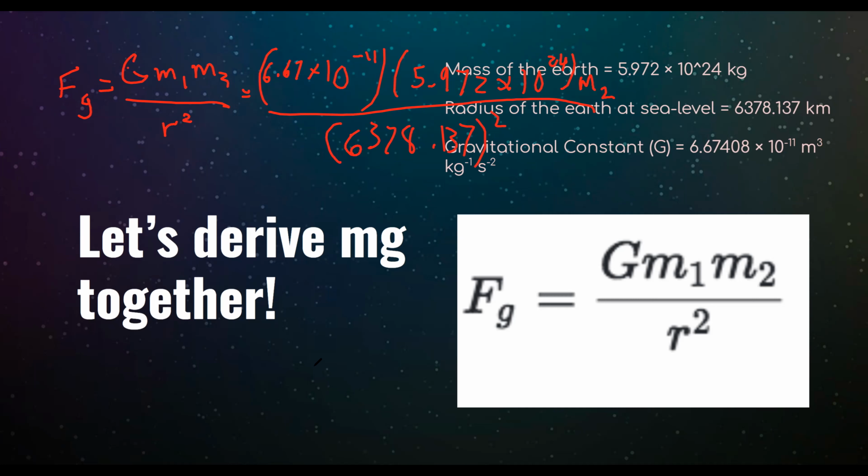I did say put your units, but because the space is so small, I'm not putting the units, but for future calculations, please do so. Okay, so the top, right? You put in your calculator 6.67 times 10 to the negative 11 times 5.972 times 10 to the 24th, right?